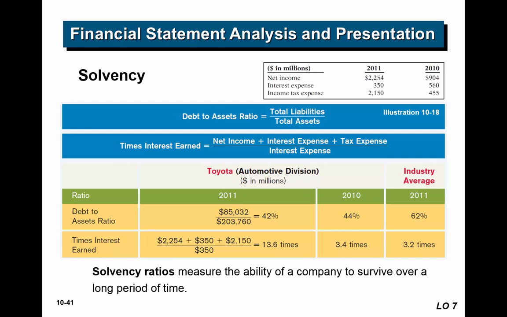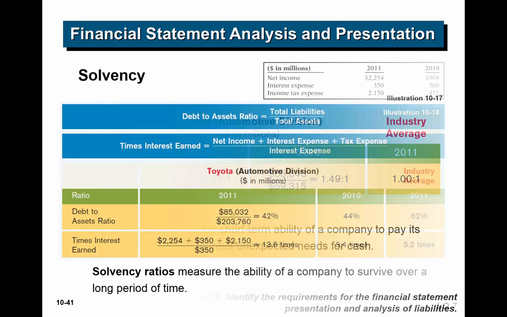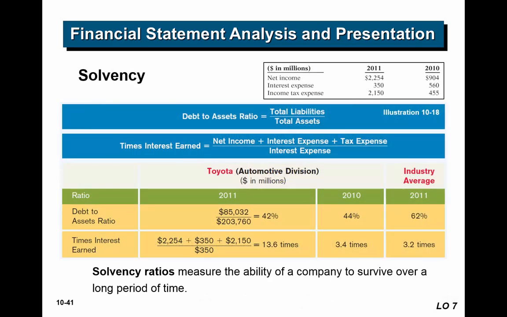Sometimes net income plus interest expense plus tax expense is also known as EBIT, earnings before interest and tax are taken out. So if liquidity measures our ability to pay short-term obligations, solvency measures our ability to survive or pay our obligations over the longer term.